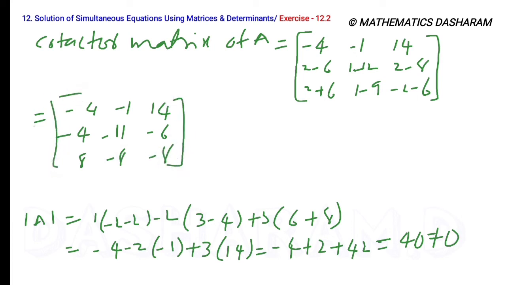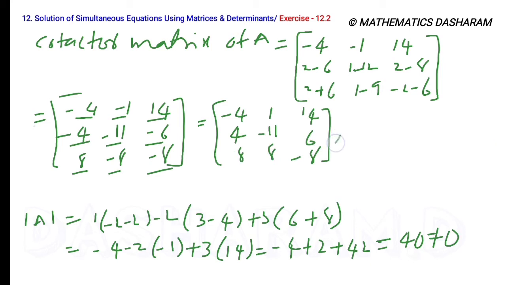So now change the symbols. Here the first one, minus 4, as it is, next apply the minus for this, so plus 1, next here positive 14, next here plus, minus, plus, minus, plus, minus, plus, minus, plus.